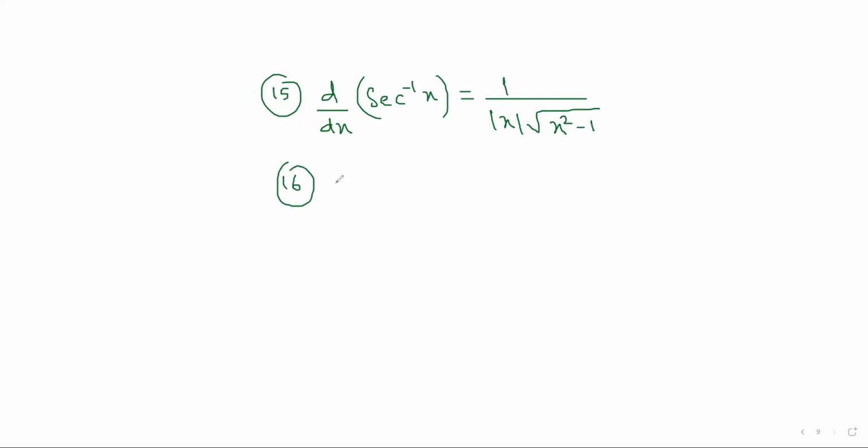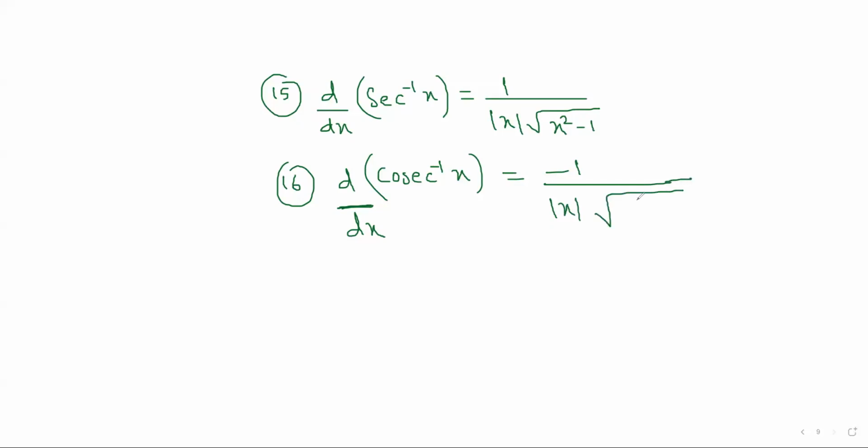Number 16: differentiation of cosec inverse x is equal to minus 1 upon mod x into under root of x square minus 1.